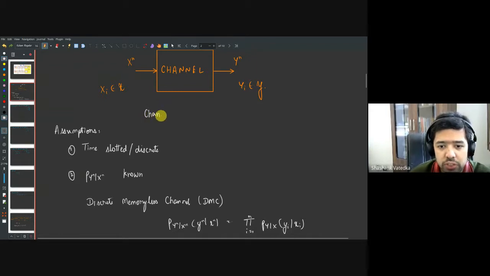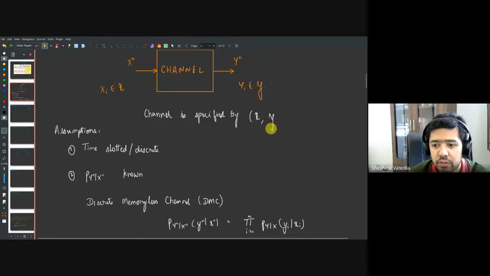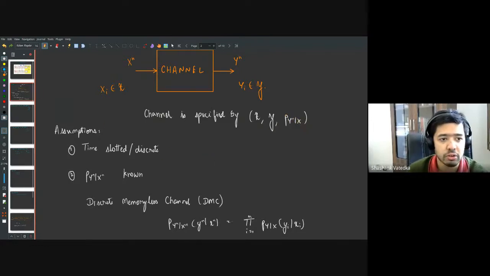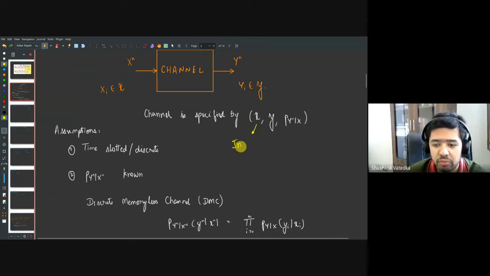So the channel is specified by calligraphic X, calligraphic Y, and P of Yn given Xn. P of Yn given Xn is called the channel law. Calligraphic X is called the input alphabet, and calligraphic Y is called the output alphabet.